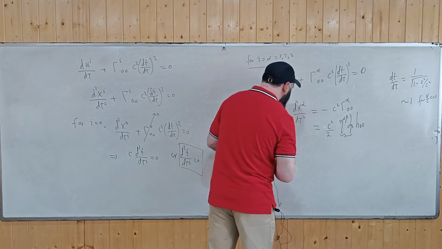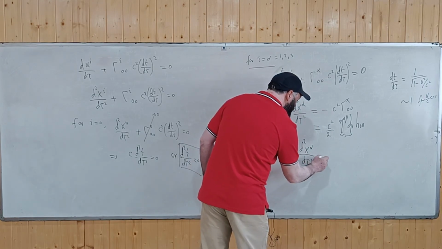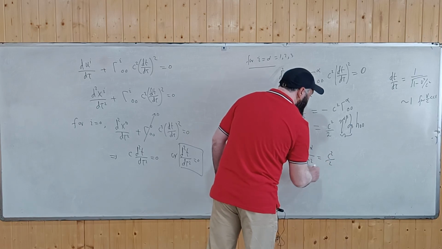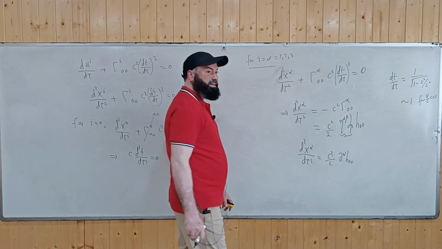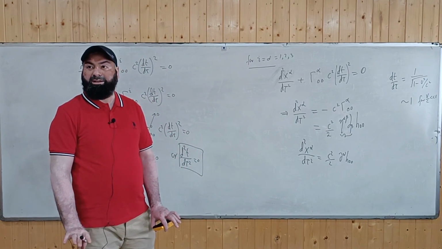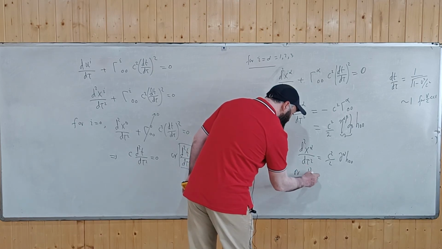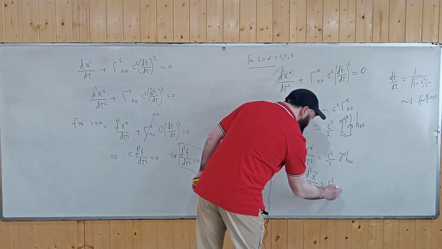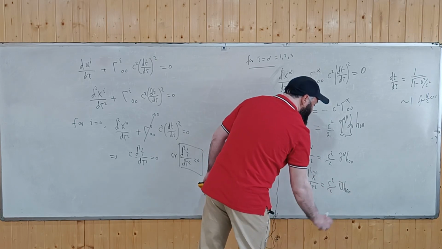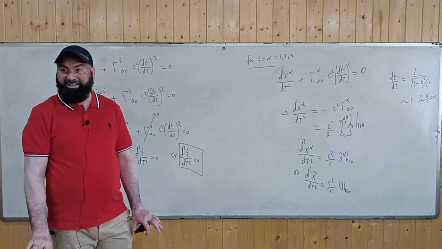So I can write d²x^α/dτ² is equal to c²/2 partial alpha h_00. Can you write it? Or in other words, in vector notation, d²x/dτ² is c²/2 times the gradient of h_00.